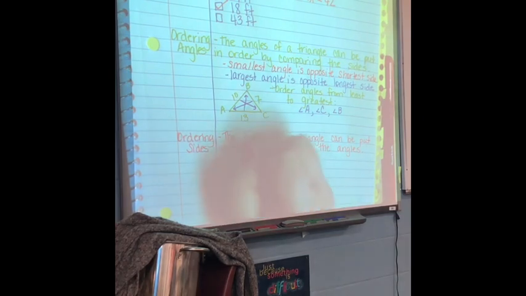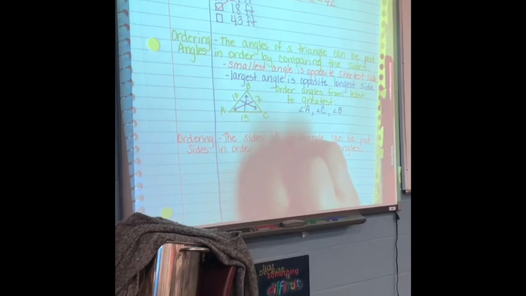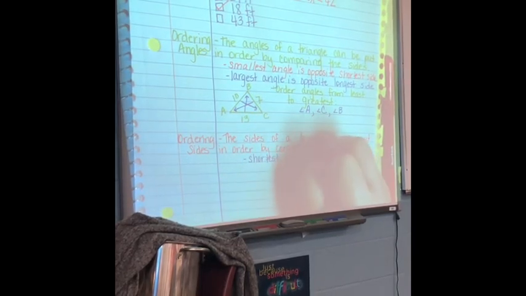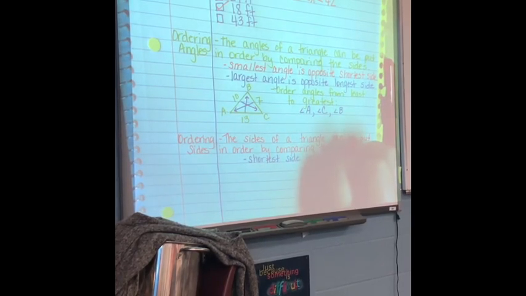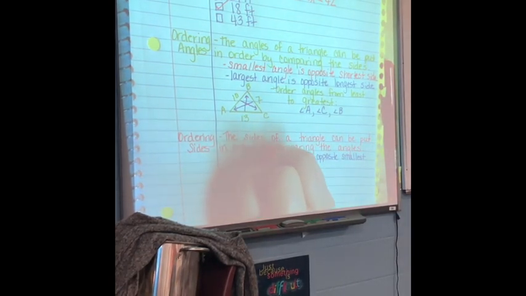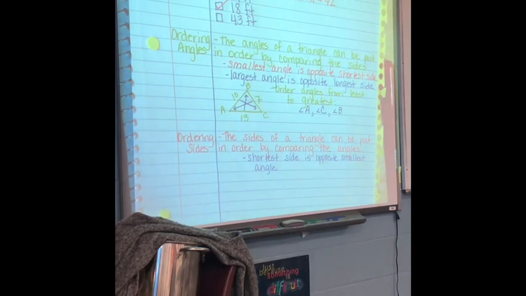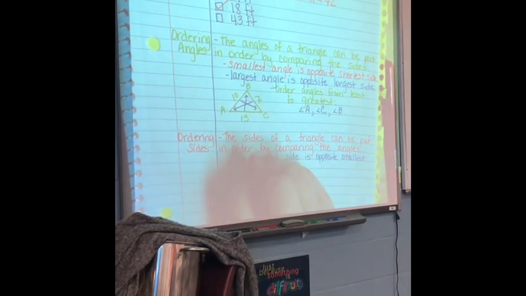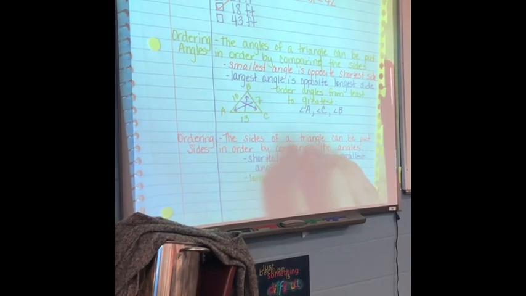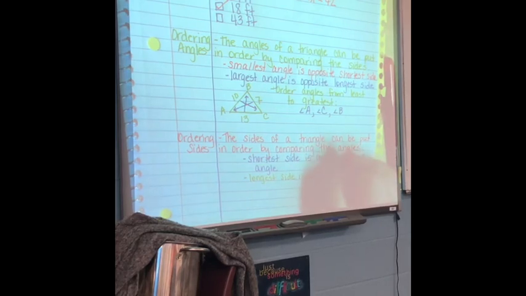It says that the shortest side is opposite the smallest angle. And the longest side is opposite the largest angle.